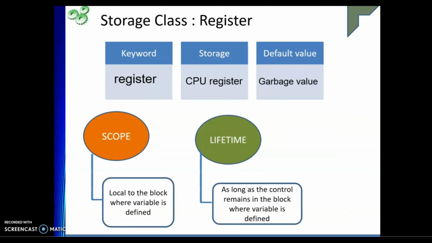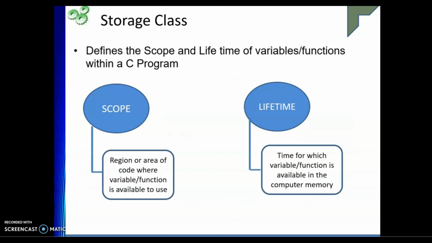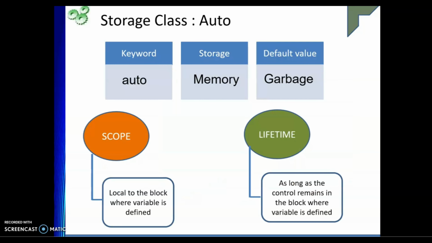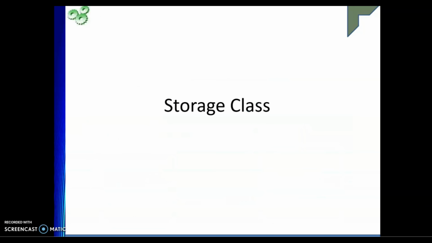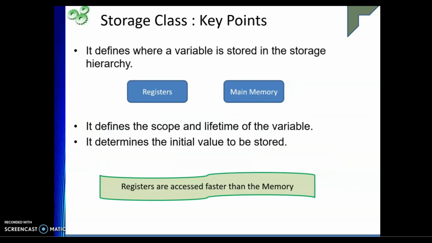Okay, so I hope this is clear to you. When we talk about storage classes, we have to understand what scope is and what lifetime is, which we have already understood. The key points are where the variable is stored, whether in a register or in main memory, its scope and lifetime, and what initial value is stored.